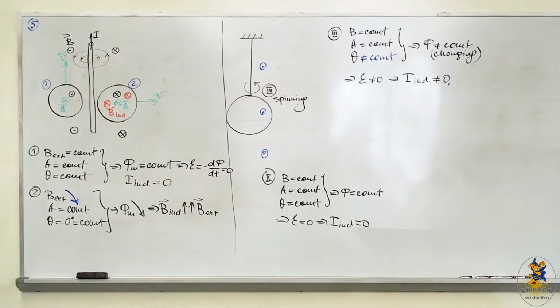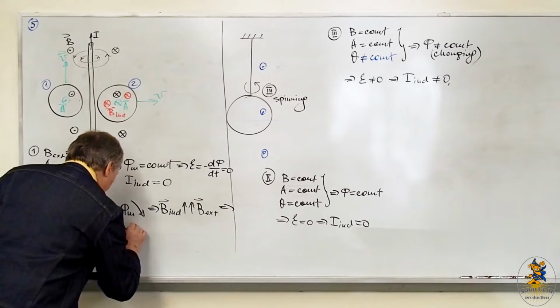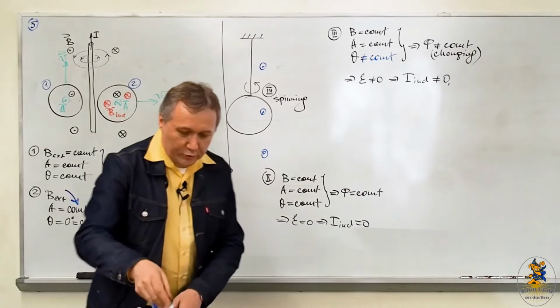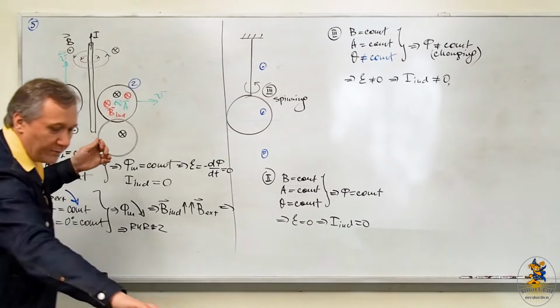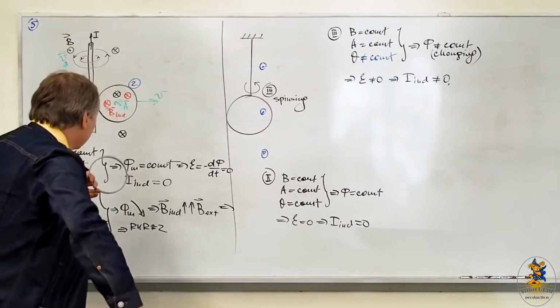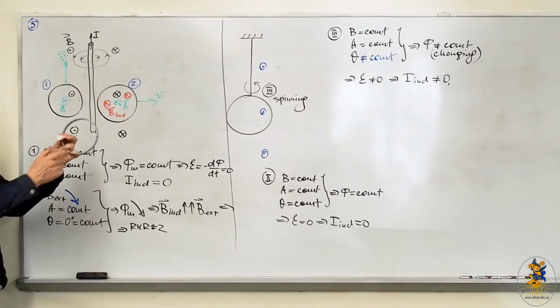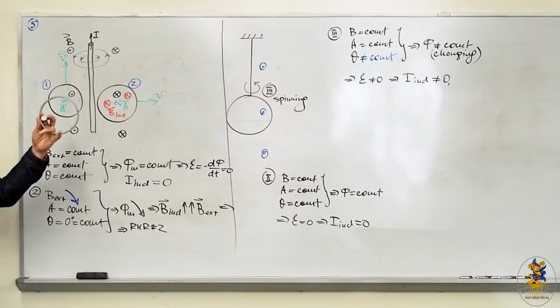Now, final step, right-hand rule. The second one. So we have the loop, the induced magnetic field is a cross, it's in, so it's this situation, right? In order to get this induced magnetic field, current must flow.